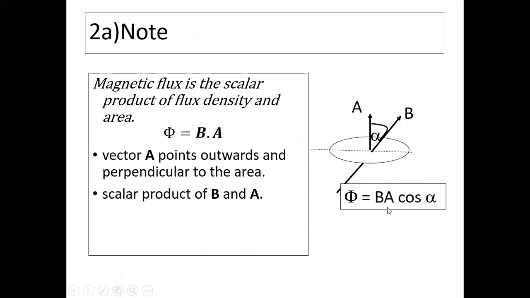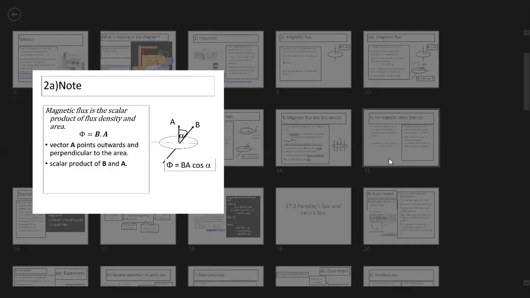Don't get confused. So you choose one of them. But your syllabus prefers to use this one. B dot A, which is BA cos alpha. This is the angle between the two vectors, alpha. Okay, so we have completed this section.